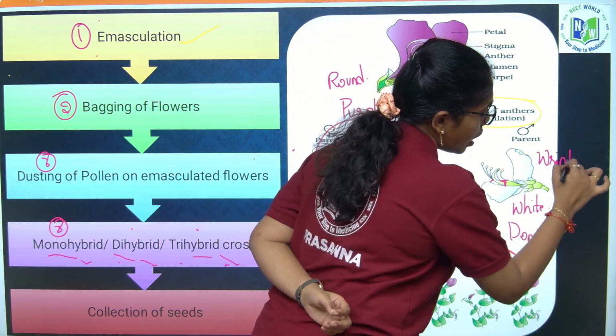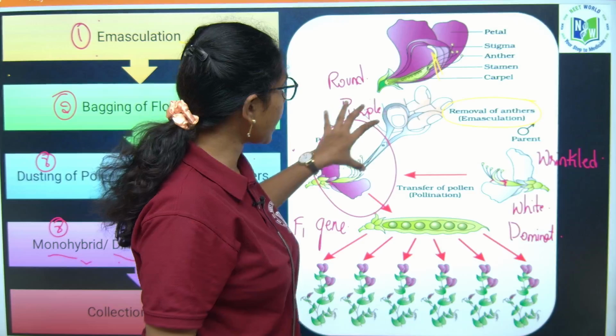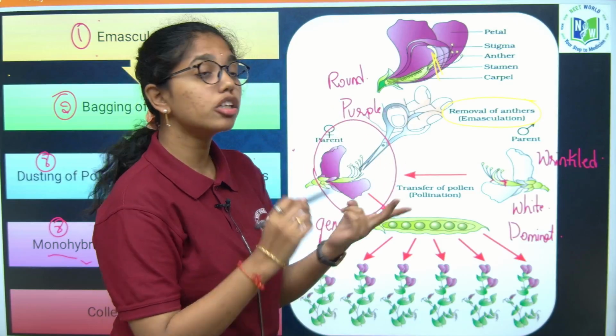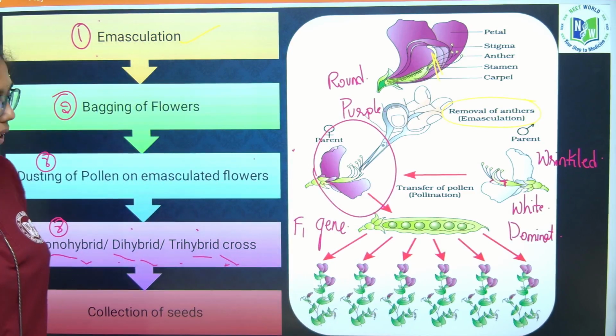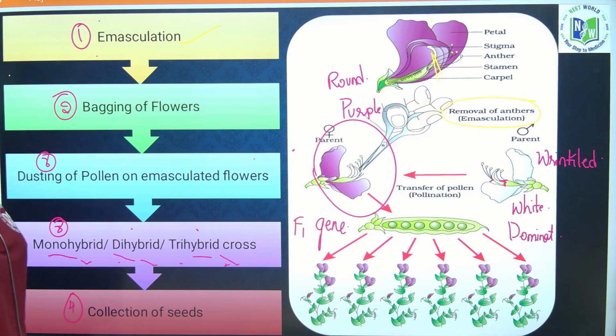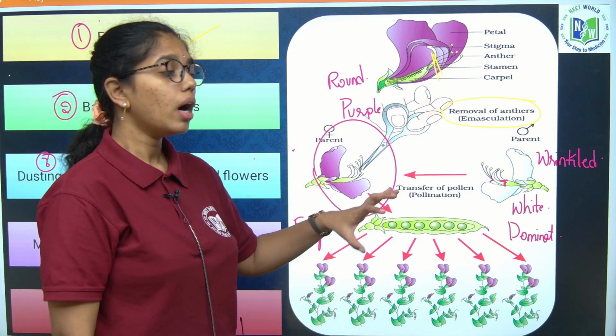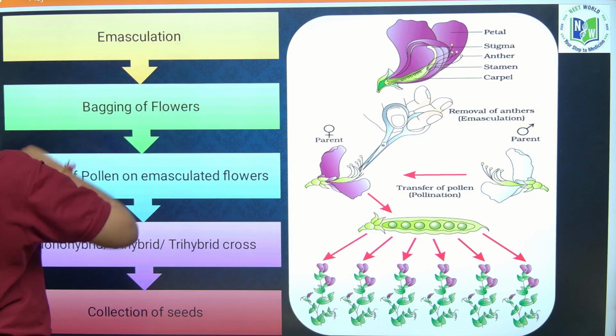From this we will take pollen and dust it over here. Here it is two gene inheritance, and then we will conduct the hybridization experiment. Lastly, we will collect the seeds and analyze the phenotype and genotype of particular generations. Clear? This is how he conducted the experiments.